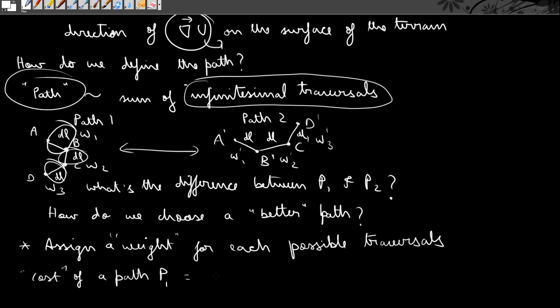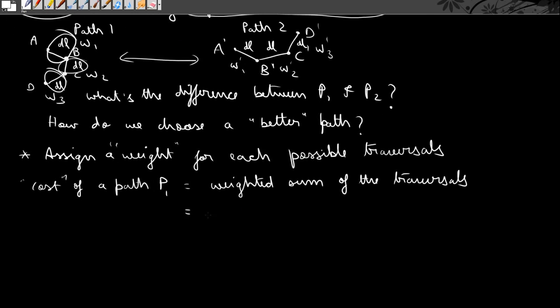I'm going to define this as the weighted sum of the traversals. In this particular case, this is nothing but W1 dl plus W2 dl plus W3 dl.